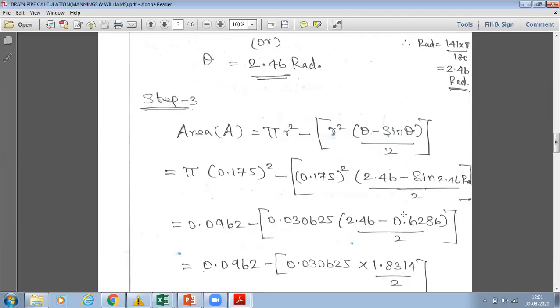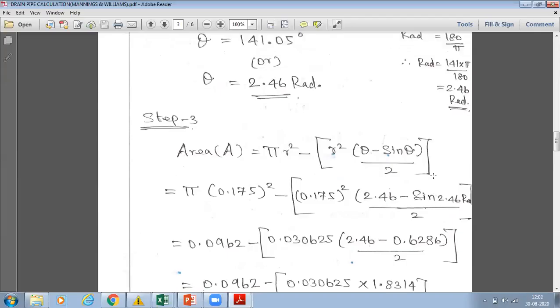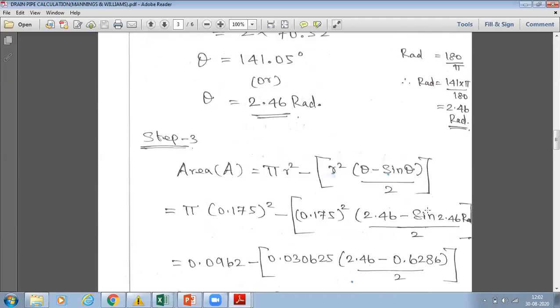On your calculator, you can't get the radian value directly; you will get it in degrees. If you put the degree input, you will not get the radian value. That's why, if you are calculating by this calculator, you have to put 141 degrees for sin theta.